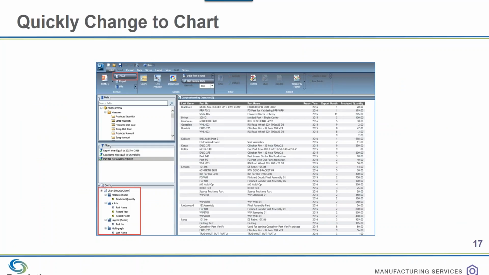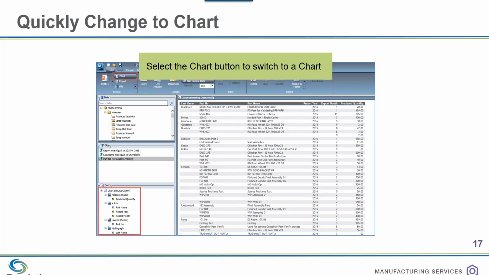Okay, so now I'm happy with my report, and it gives me the information that I want, but I also want to see this visually. So I can transform a report into a chart simply by going to the Home tab and selecting the chart option up at the top.